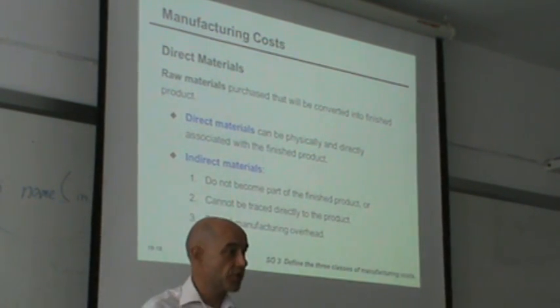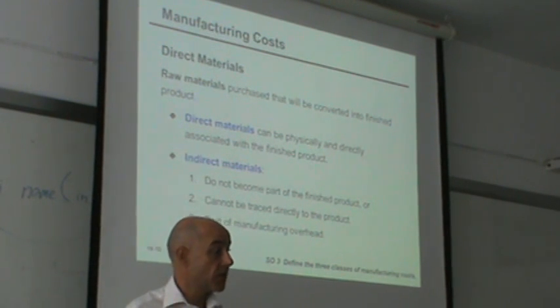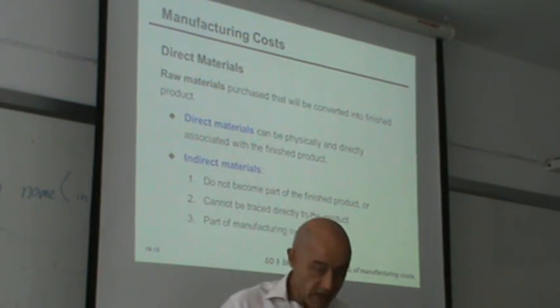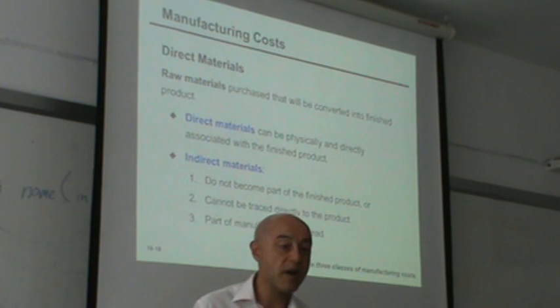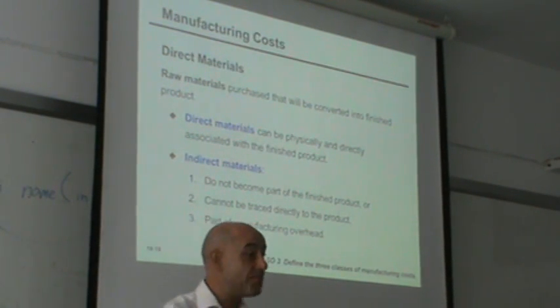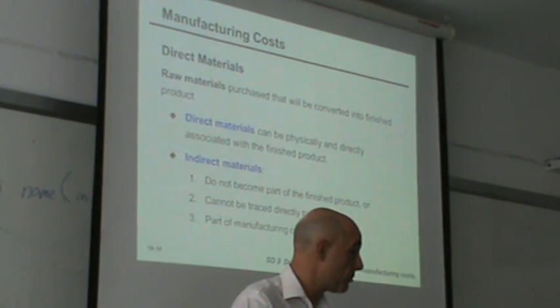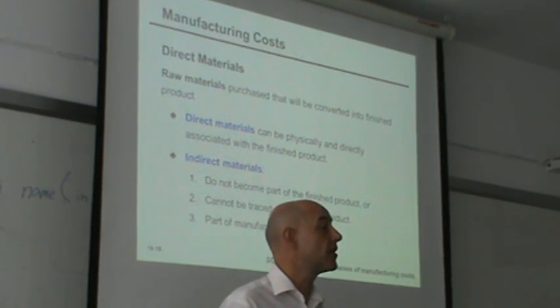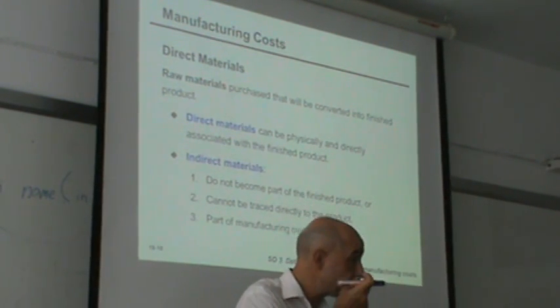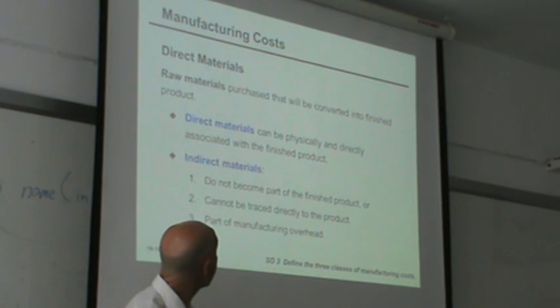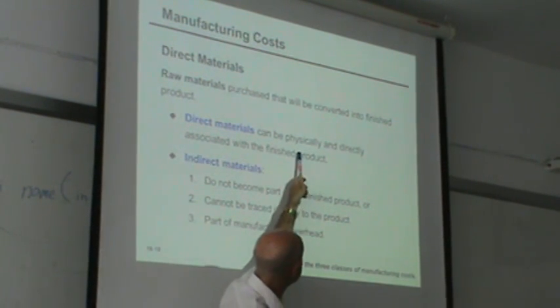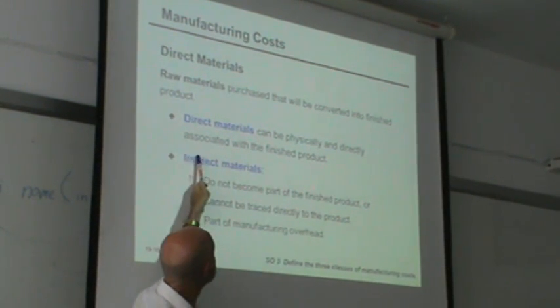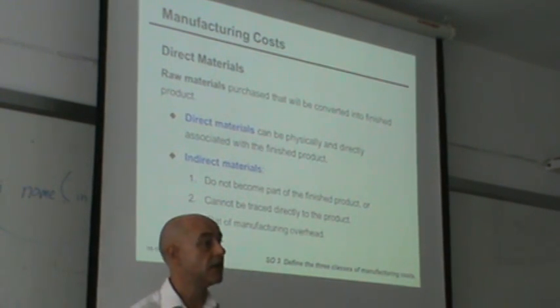So for the shirt, you know, this is part of the product, okay? For the belt, here, this is part of the product. For the book, the paper is part of the product, okay? You can directly associate, okay? So, somehow you see it's physically and directly associated with the physical product.